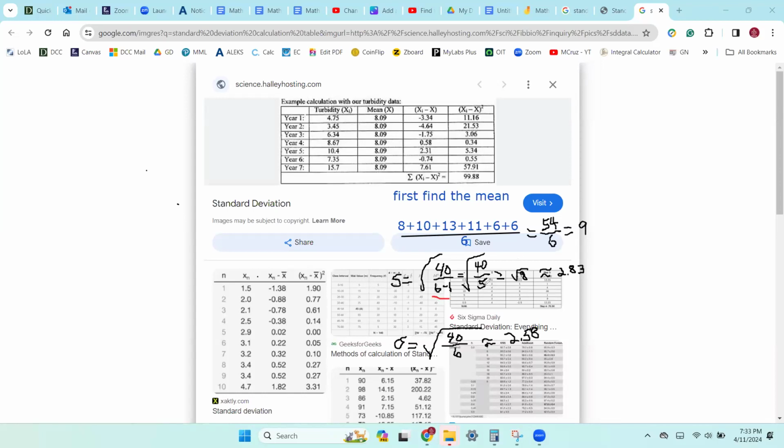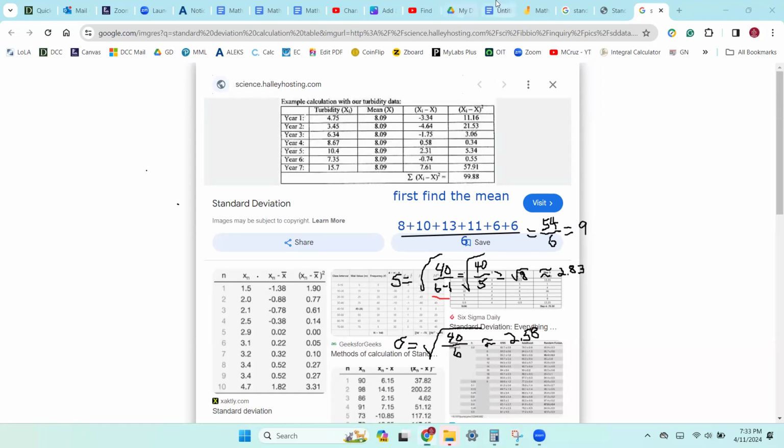So we divide by 5 to get the square root of 8, and that was 2.83. If it's a population, we would just keep it as the total number of pieces of data that we have, and do the exact same thing. Divide the 6 into 40, and you take the square root of that, it's 2.58.